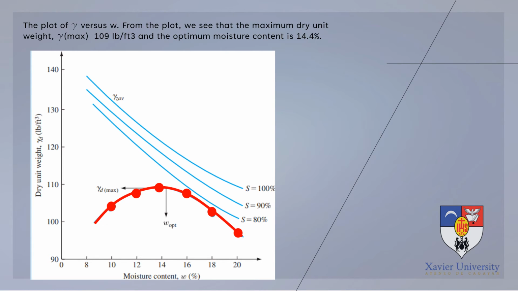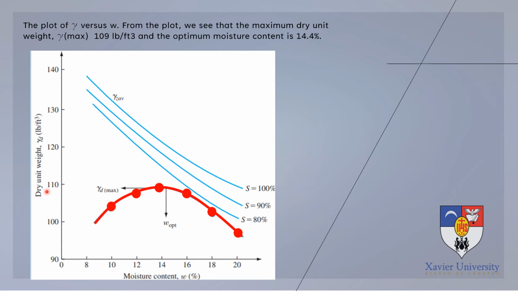And then that is now our compaction curve. For example, at 10% moisture content, we get the corresponding dry unit weight that you have computed. For the next moisture content, 12, you project that and get the corresponding dry unit weight.